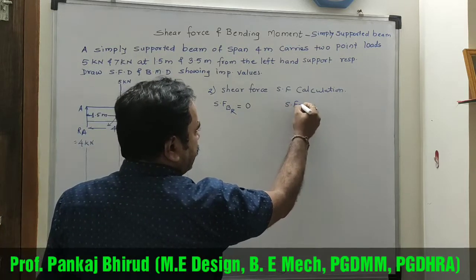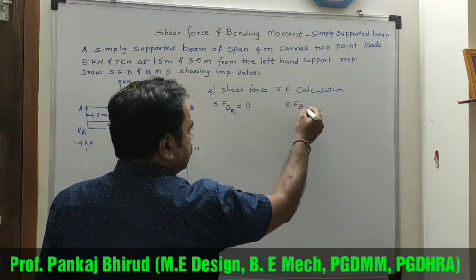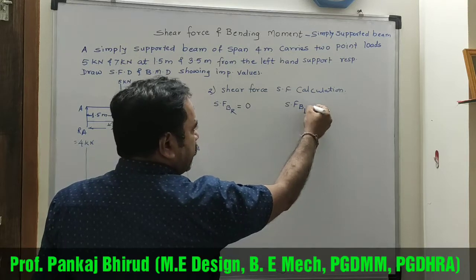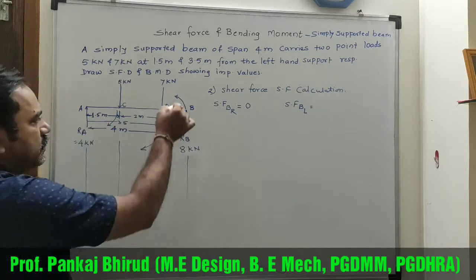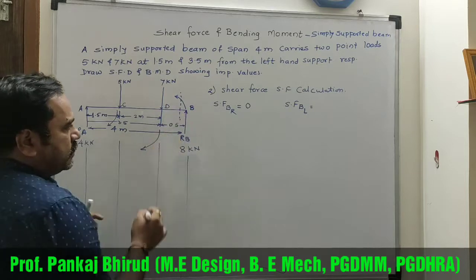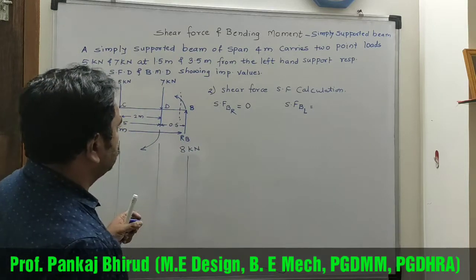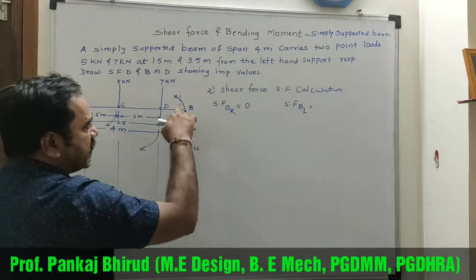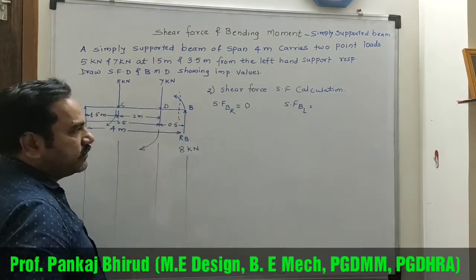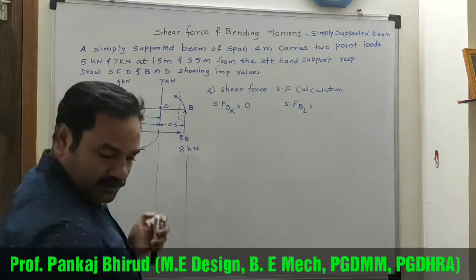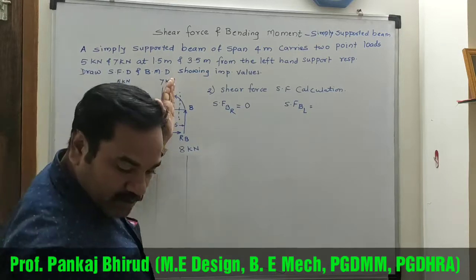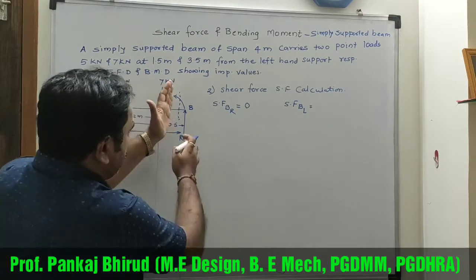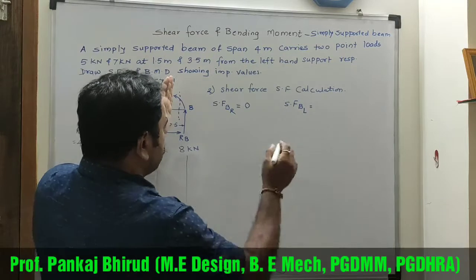And SF at point B just left of B, so that means here, we take this section at left side of B and calculate the shear force. So there is only one force acting in upward direction.